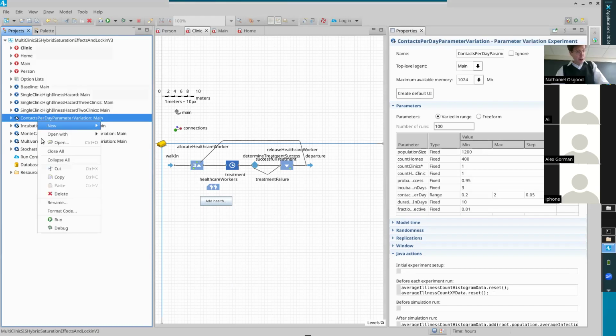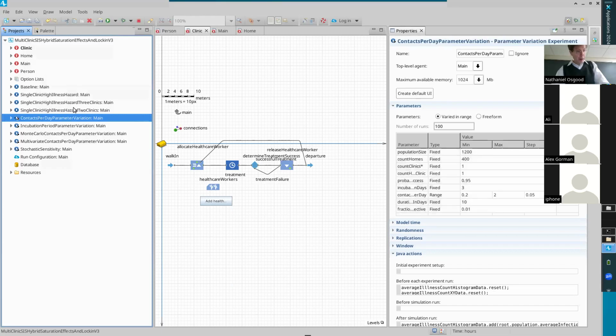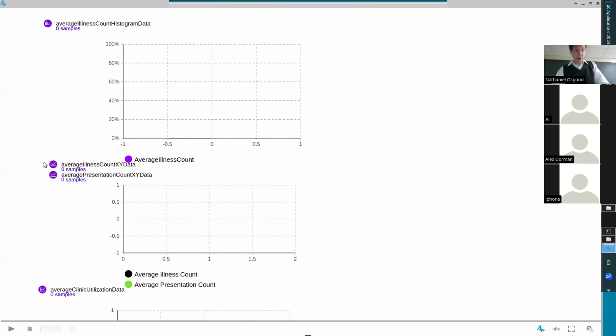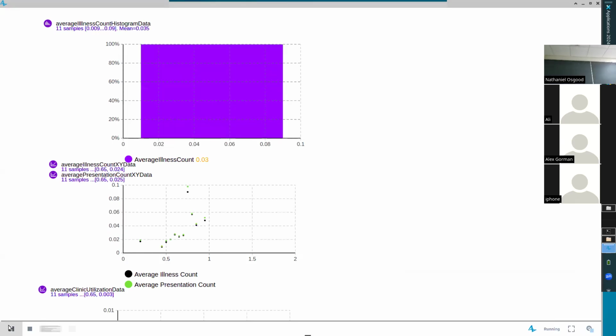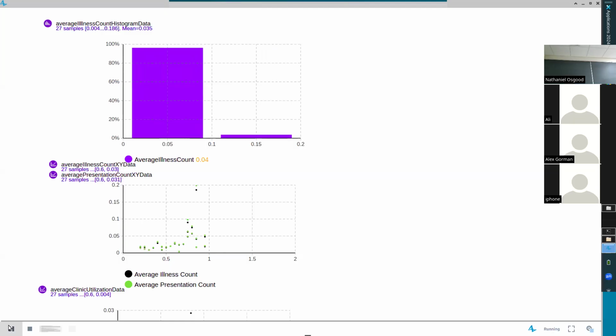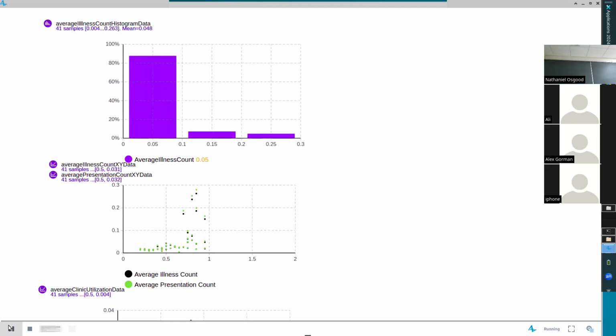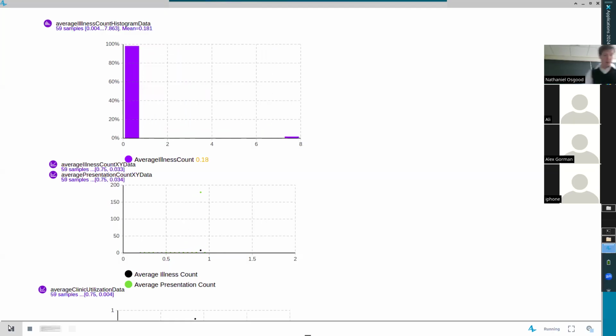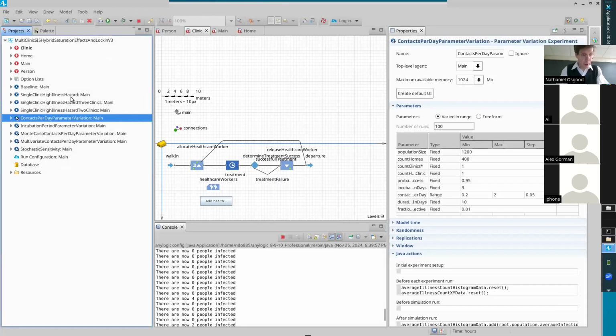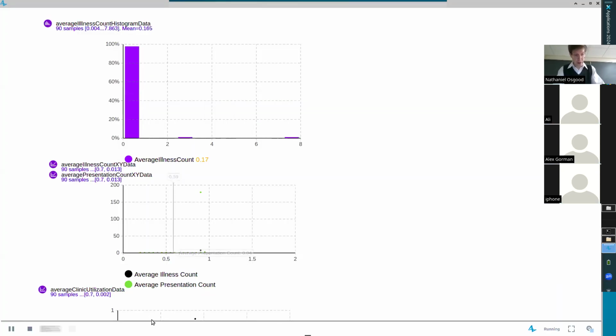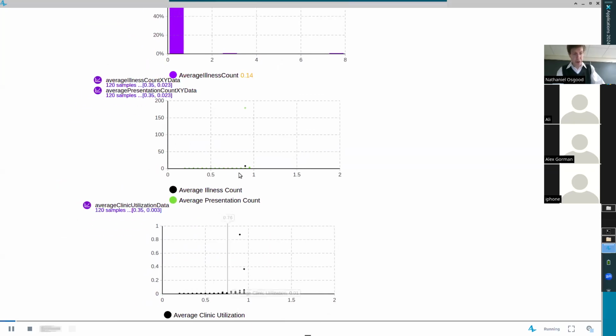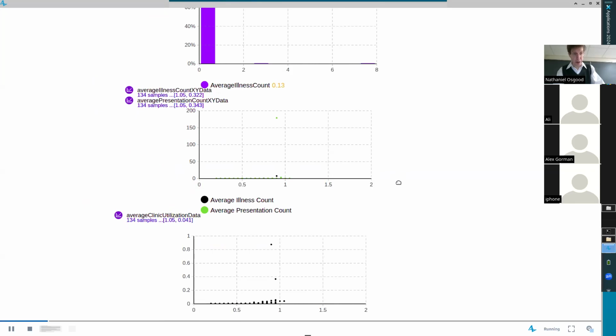By contrast, we can run the model as we vary a parameter. Typically, for each value of the parameter, you'll run it an ensemble of times. Here we are varying this parameter, which is contacts per day. As we run it, we're going to be displaying the results here.